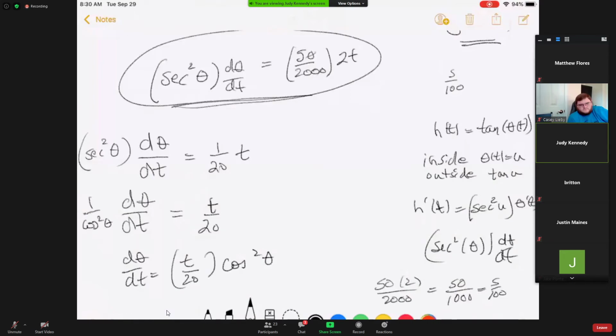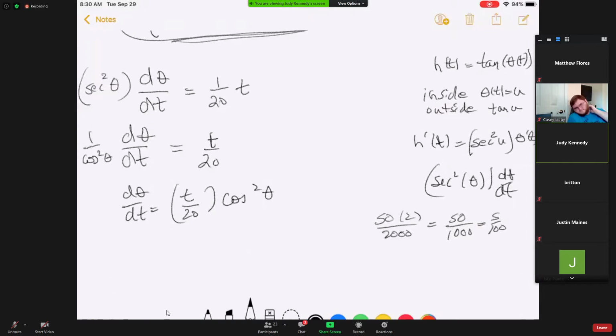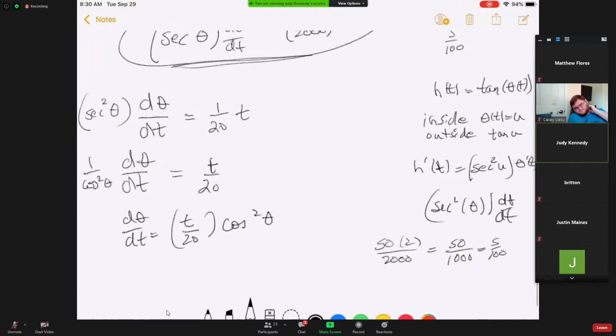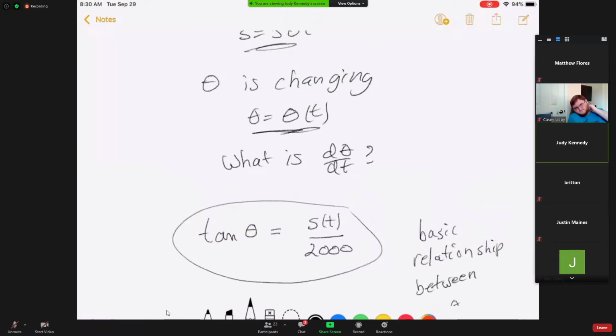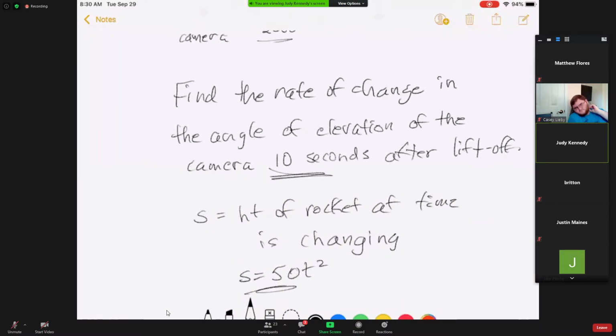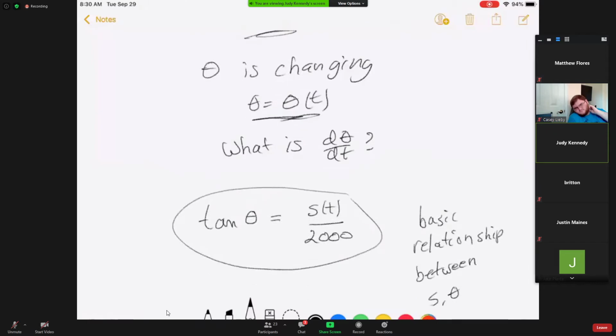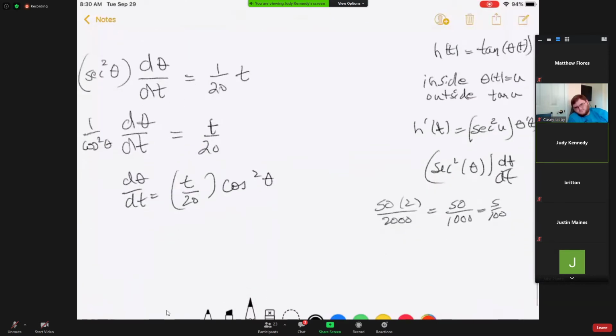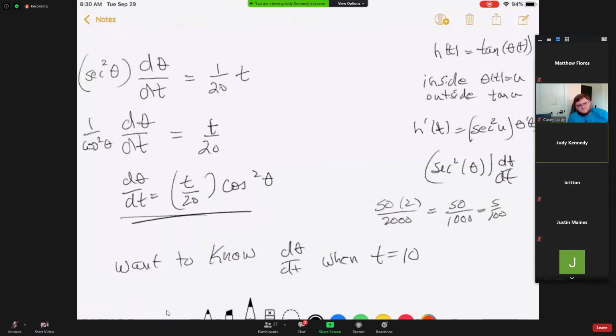And that means I need the cosine. Okay, and also, what other information am I given here? I want to know about what happens at t equal to 10. I want to know d theta dt when t is equal to 10.